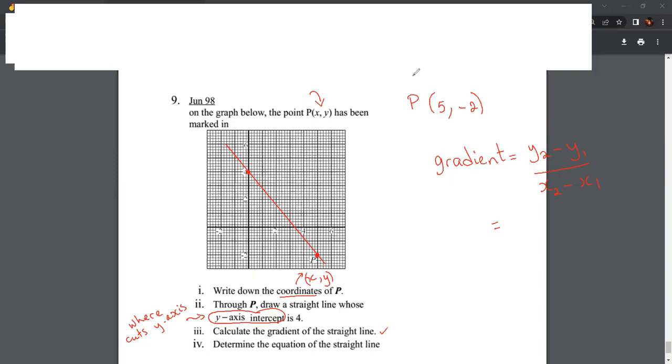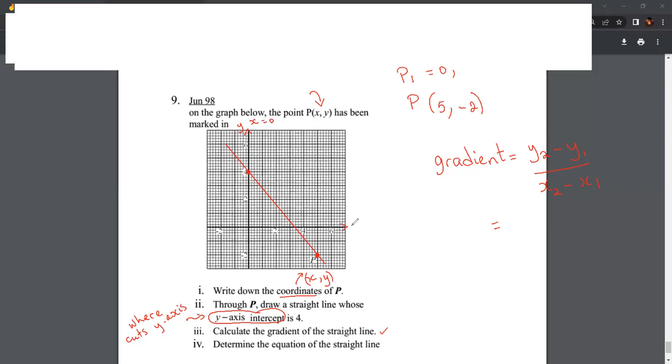So I could have point 1 as my x value will be 0, because remember, this is my y-axis, and at your y-axis, your x is 0.